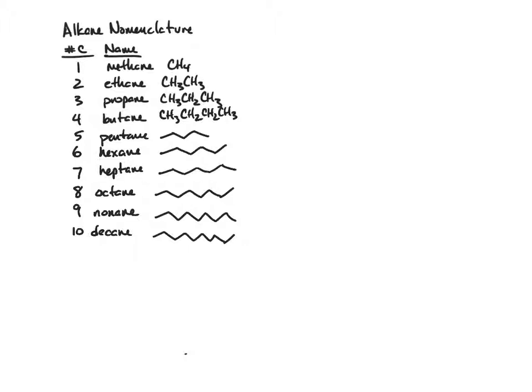So those are the basic C1 through C10 names that we'll want to know to determine the names of other organic molecules for simple alkanes.